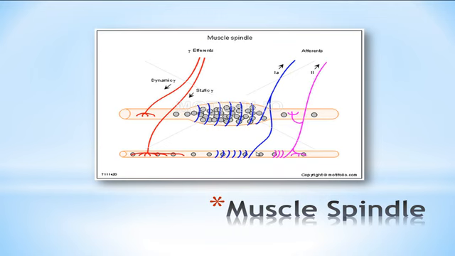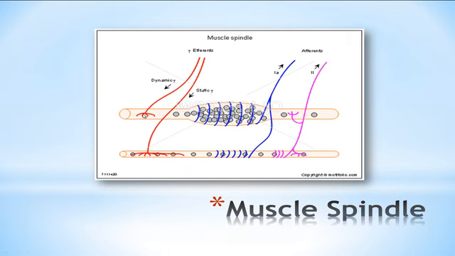efficient contraction. Now there's another component here that looks at a stimulation from the efferents, and these are small motor fibers that come down and attach to an intrafusal fiber. This is a small muscle fiber that is able to contract within the muscle itself.